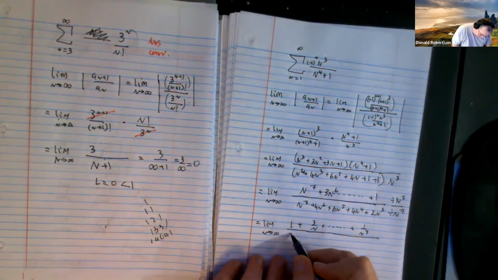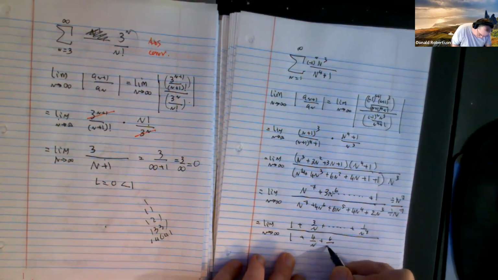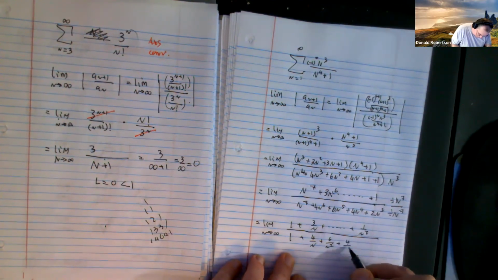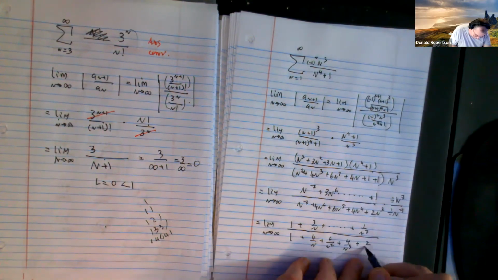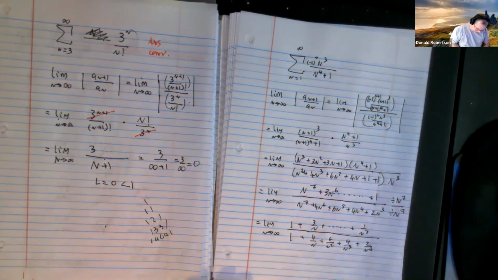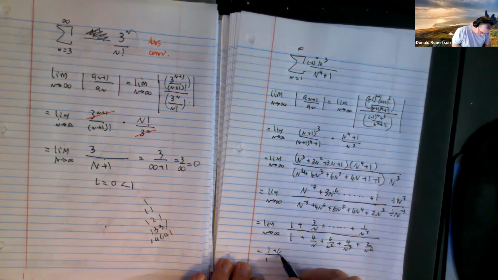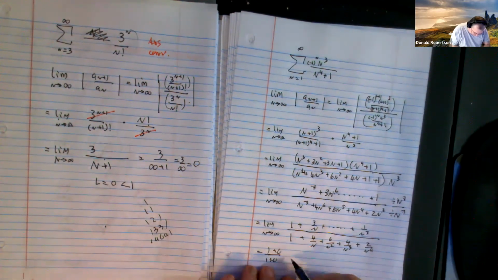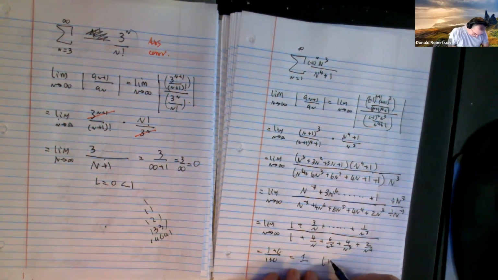And on the bottom, I get 1 plus 4 over n plus 6 over that guy plus 4 over that guy plus 2 over that guy. And when you do a brute force on that, doesn't everything else just become a number over infinity, and you get 1. And 1 is inconclusive.